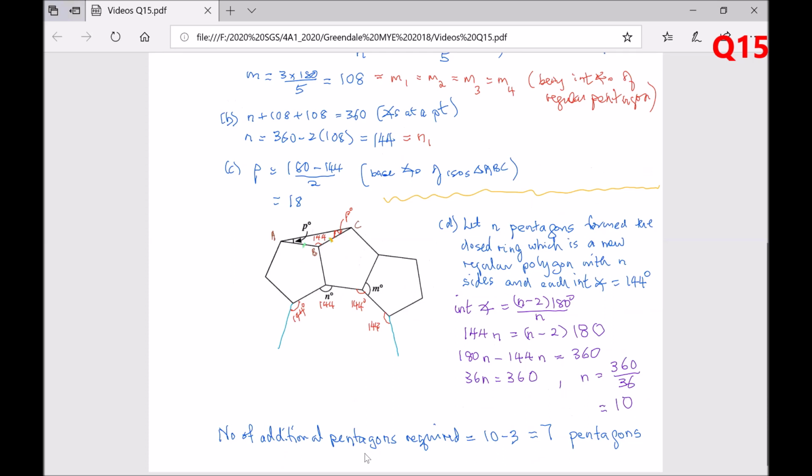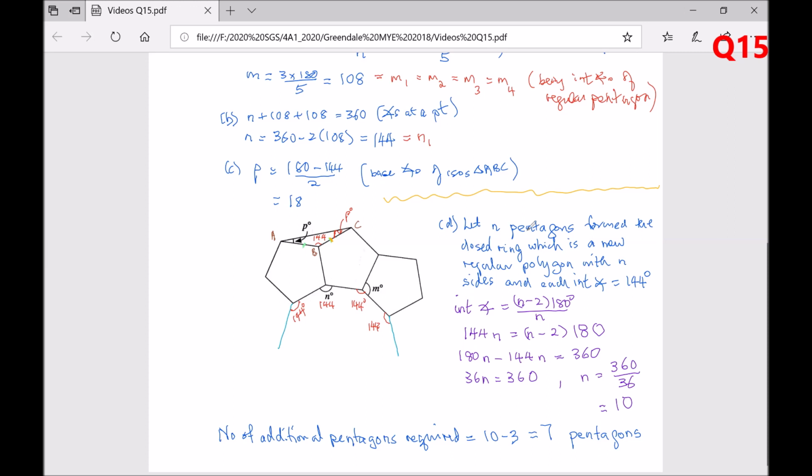Now in part D, we are told that additional regular pentagons are added to form a closed ring. In other words, the closed ring forms another regular polygon of n sides.